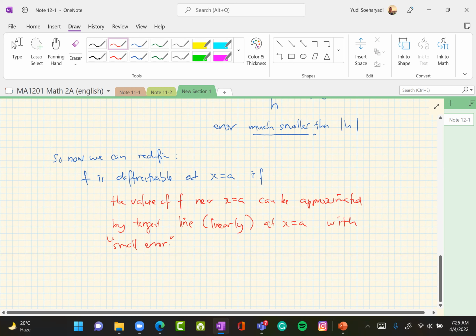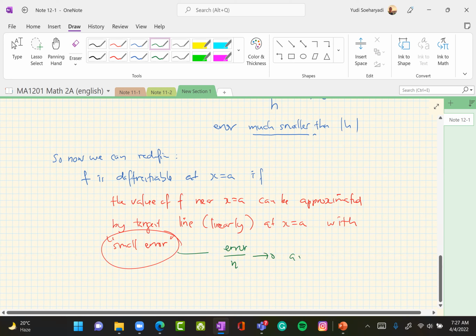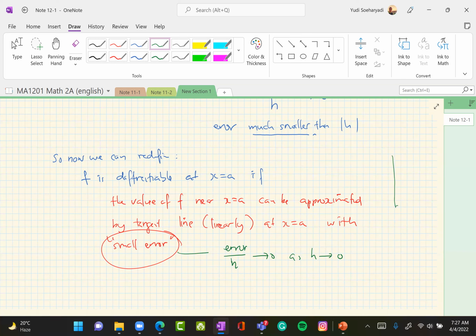What does small error mean? It means the error divided by h should be even much smaller than h. This is how we redefine differentiability.